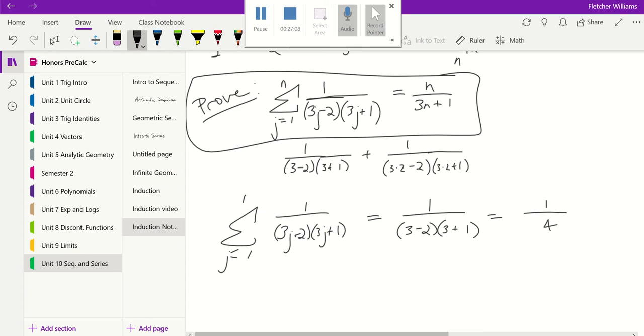So you plugged 1 into the sum formula, and then let's plug 1 into the other part. 1 over 3 times 1 plus 1 does in fact also equal 1/4. So there's the base case. You've shown it's true for n equals 1. Are we going to have any of them that aren't true? No. Only true things.